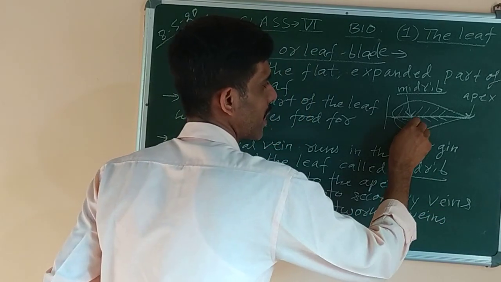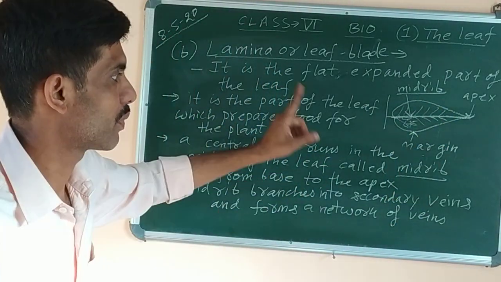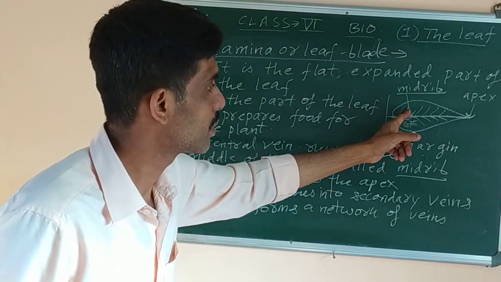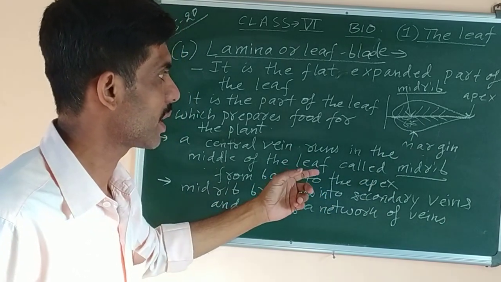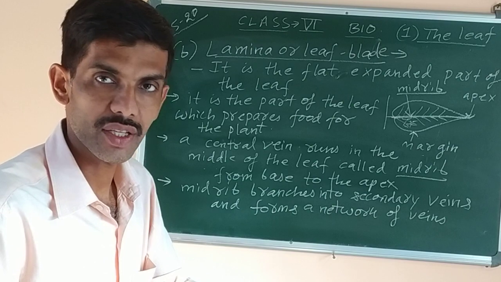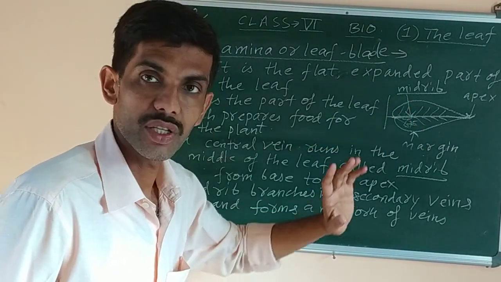Like this one will further branch, and like this it will keep on branching, and a net-like structure will be formed. So first there is a thick middle vein which is called midrib, then this midrib will branch further to form the secondary ribs, and they will further branch to form the tertiary ribs. Like this, a net-like structure of ribs or veins is formed.